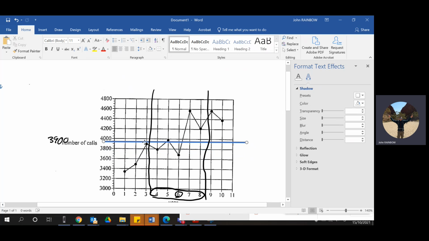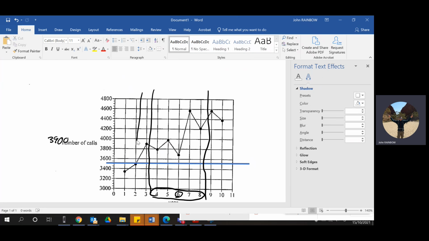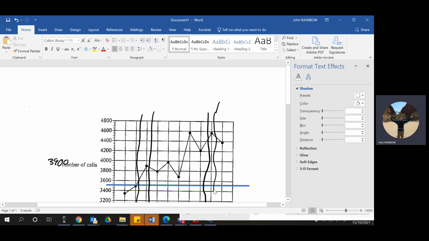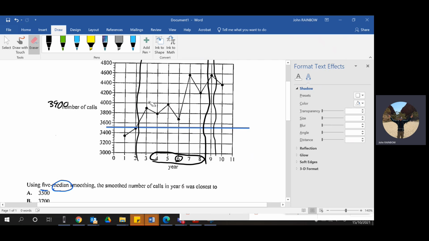So we slide up 1, 2, 3, 4, 5. If this was a 7 point and I was smoothing to this, I would just increase my graph and I would look at those 7 points.